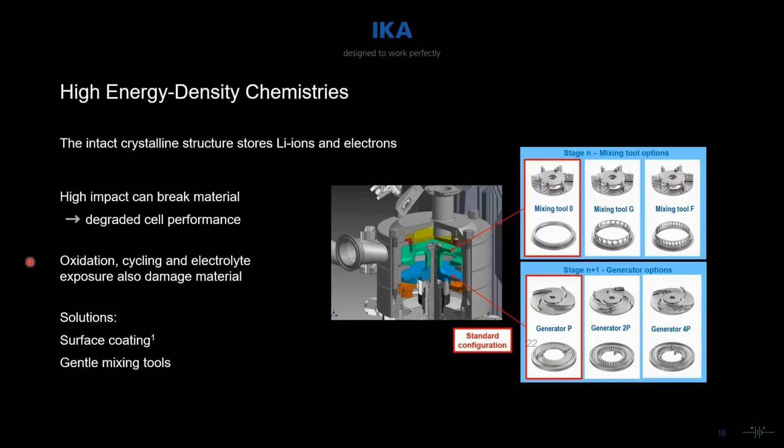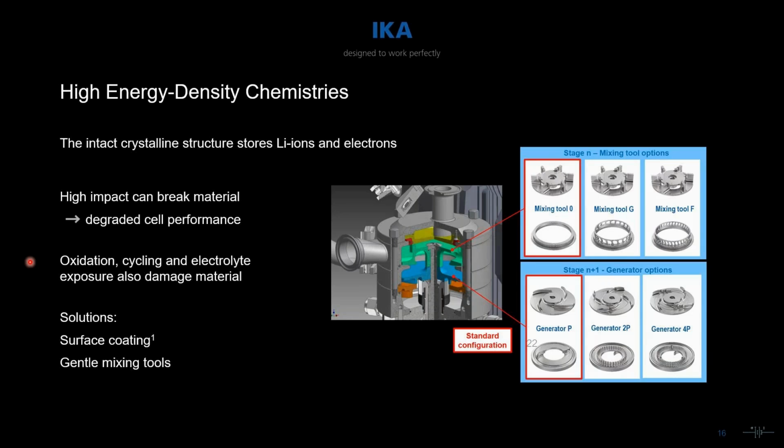So there's a few things, some of them unavoidable and some of them avoidable, that can cause damage to this material, such as oxidation, cell cycling, so your actual charge and discharge of your cell, electrolyte exposure, again, somewhat unavoidable, as well as particle to particle collision.